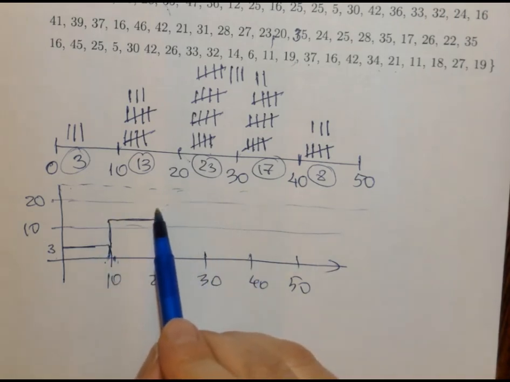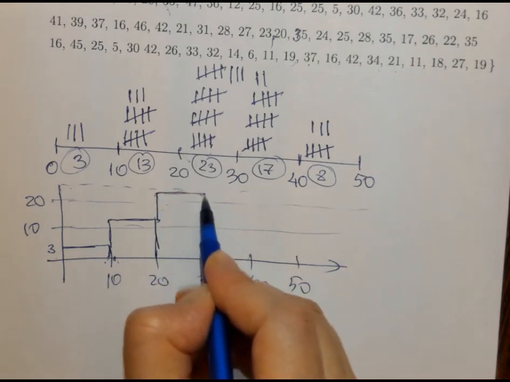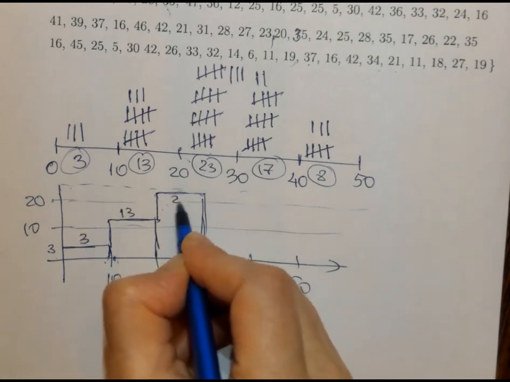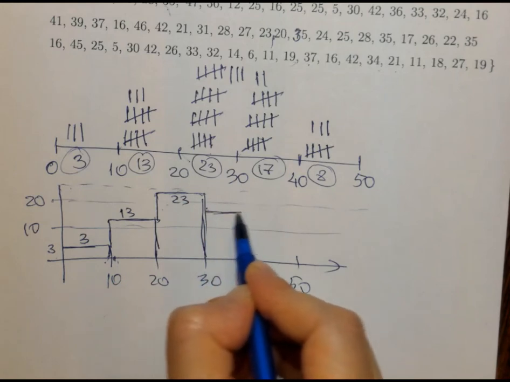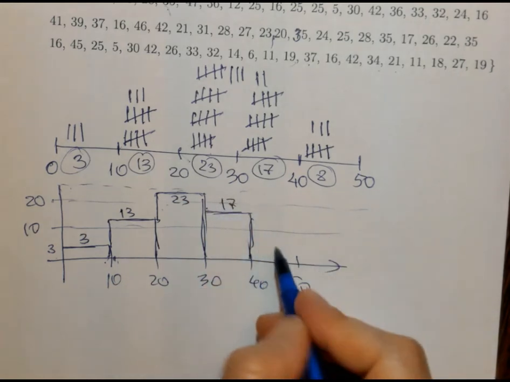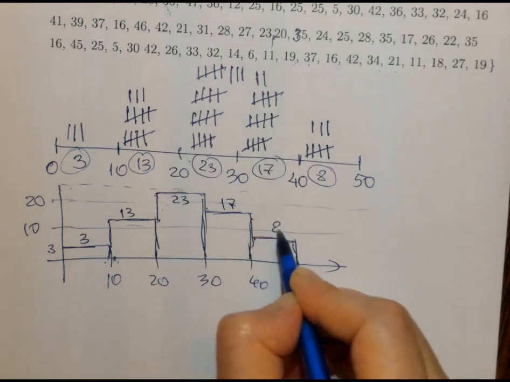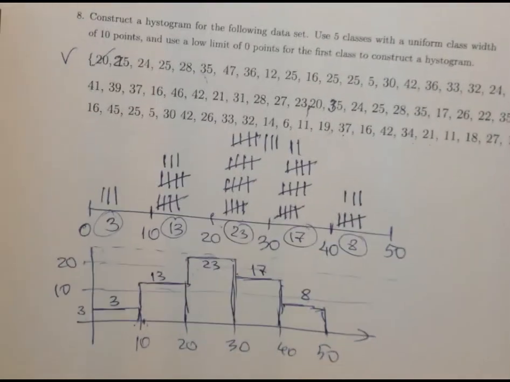In the third 23. Three, 13, 23, then 17, and the last class is 8. So this is a wonderful histogram for this data set.